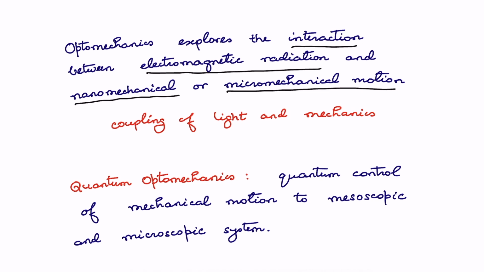Quantum optomechanics is a very active area of research which aims to achieve quantum control of mechanical motion in mesoscopic and macroscopic systems. Mostly, researchers are focused on studying cavity optomechanical systems because, as you will see, such systems offer strong interaction between light and mechanical motion.